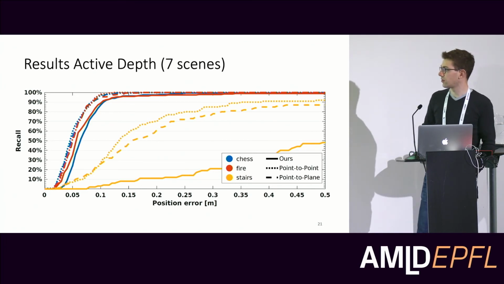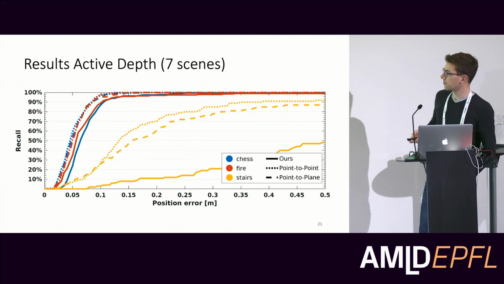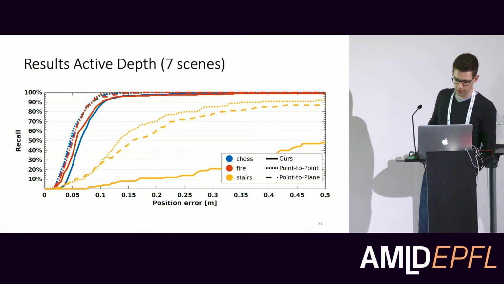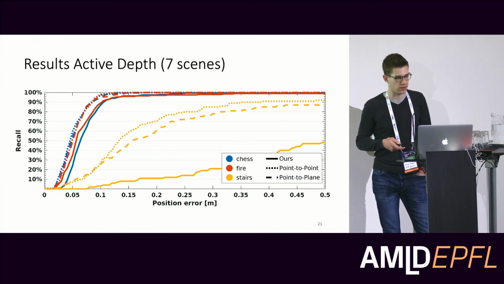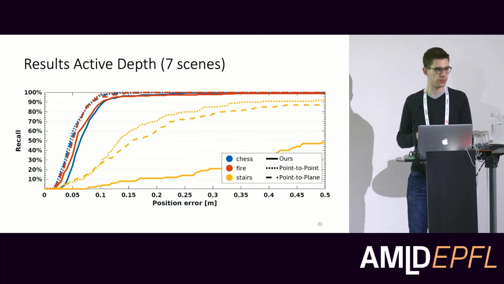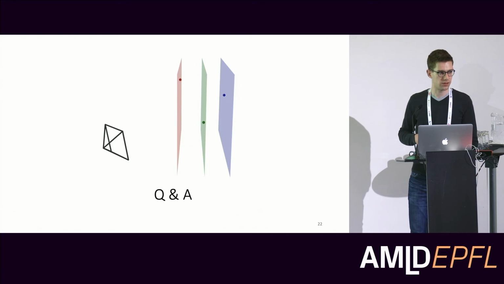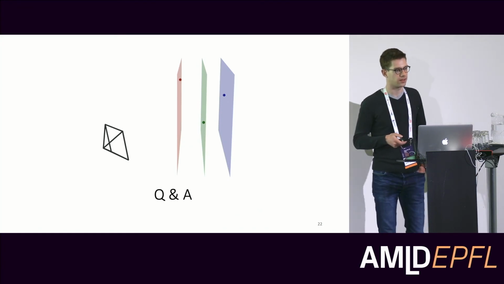But what is really nice for the scenes where we actually get good correspondences, we are staying pretty close to what the other methods can do as well. And I think this small decrease in accuracy is probably okay if we get the additional privacy benefits. That's already basically what I wanted to tell. So thank you for listening.